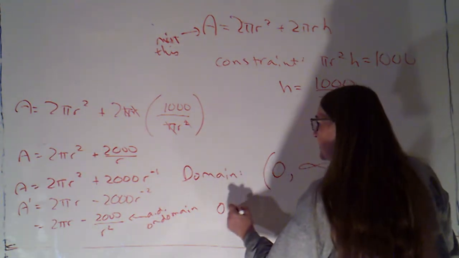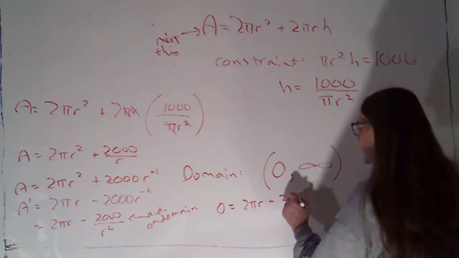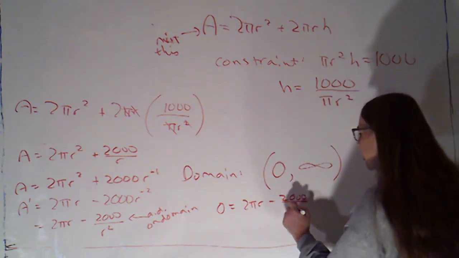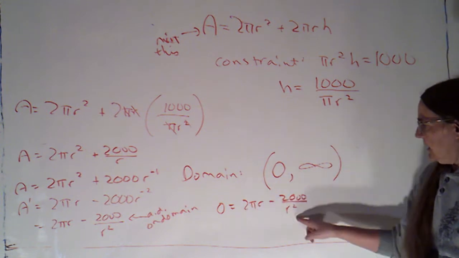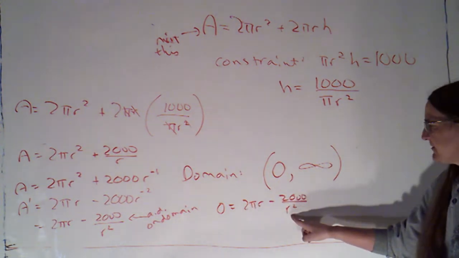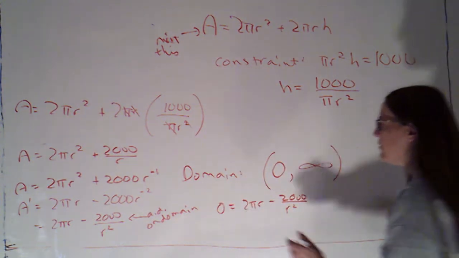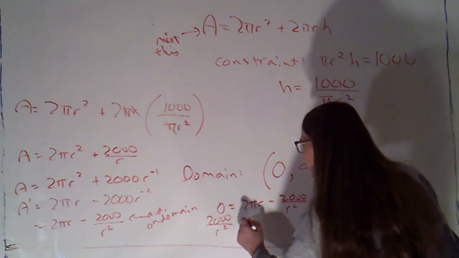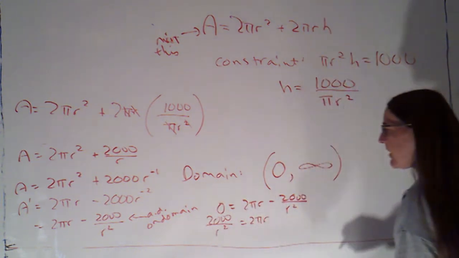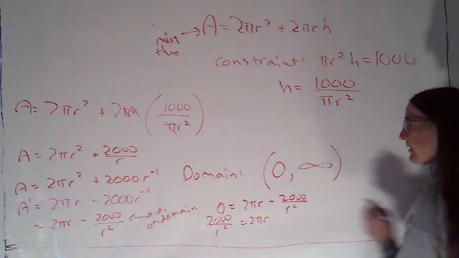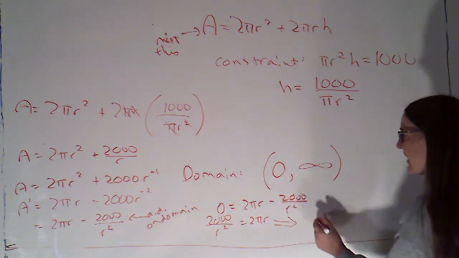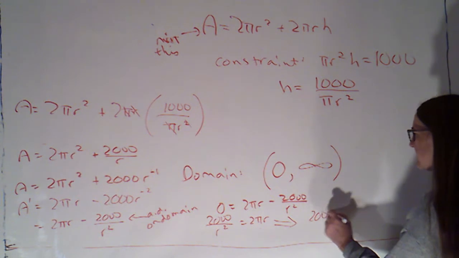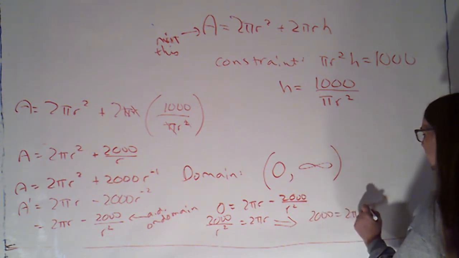So if 0 is equal to 2 pi r minus 2,000 over r squared, if I've just got two terms and their difference is 0, I'm just going to add this one over. So I'm going to get 2,000 over r squared equals 2 pi r. Can multiply that r squared over to the other side. So 2,000 is equal to 2 pi r cubed.